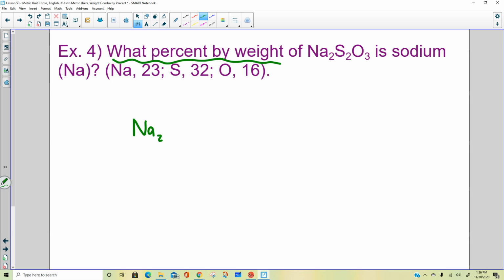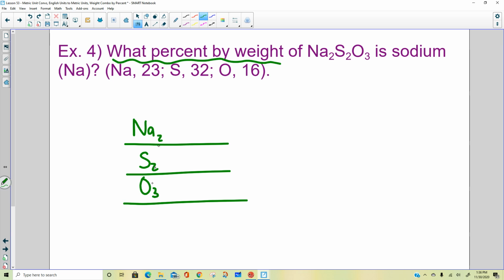So you've got 2 sodiums, 2 sulfurs, 3 oxygens. You've got your table here. And then, of course, you have your total. So you're going to write the total formula here, Na2S2O3. So keep in mind, this is your total.